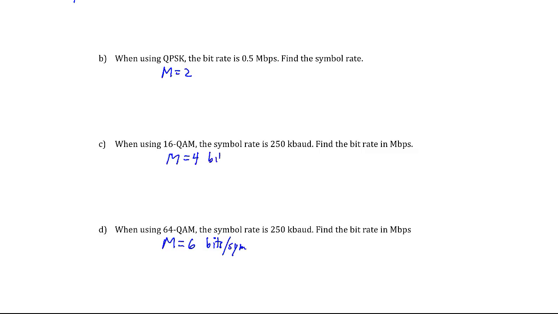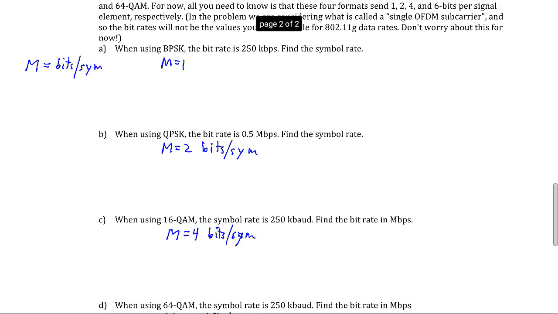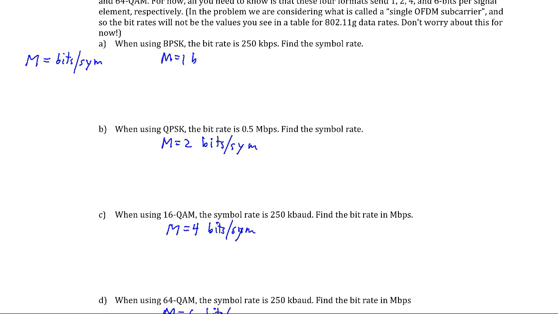I'm going ahead and taking care of this part for all four problems, putting the units carefully, writing bits per symbol on all of them. And the extra time it takes me to do that, I can sit and think about it for a minute and let it sink in.